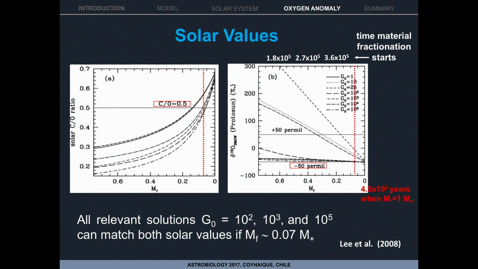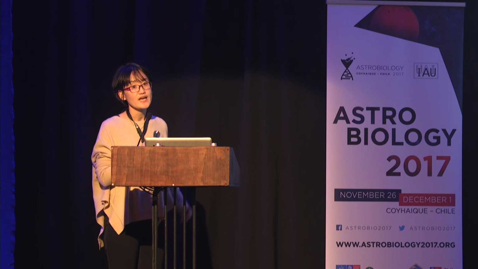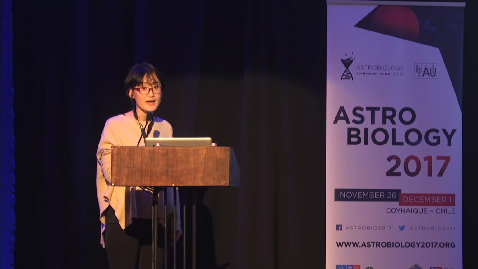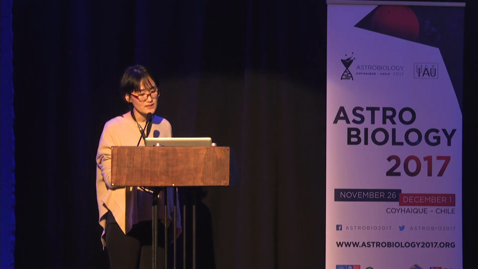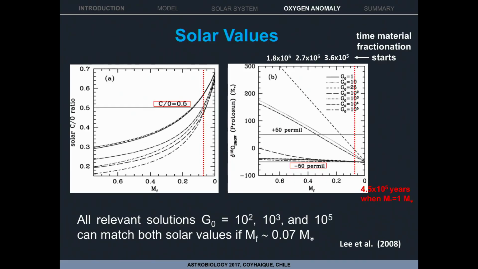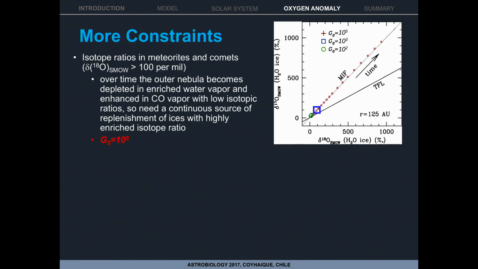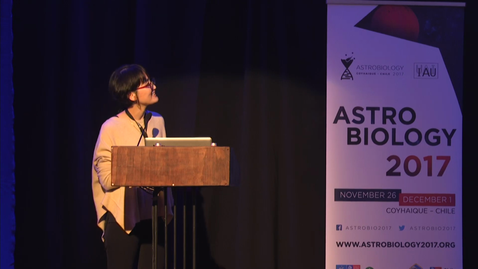As the heavy oxygen isotopes are enriched in water ice, they are very deficient in CO gas. And in the outer nebula, where comets formed, CO gas is enhanced, and the CO molecule is very deficient in the heavy atomic oxygens.